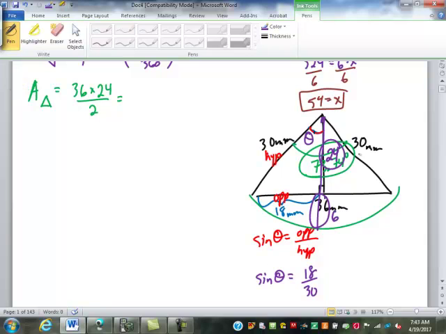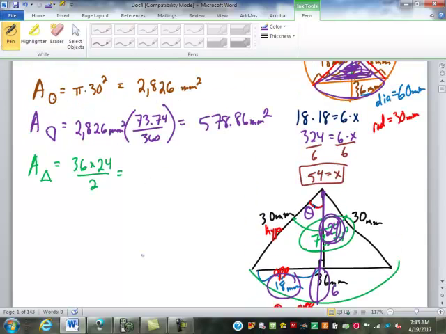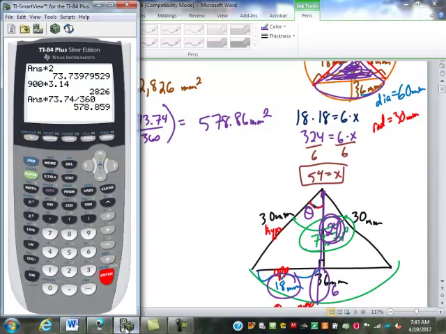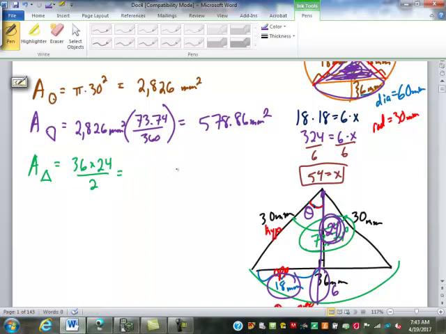I also could have done a squared plus b squared equals c squared. 18 squared plus that squared has to equal 30 squared. So 36 times 24 divided by 2 is 432 millimeters squared.